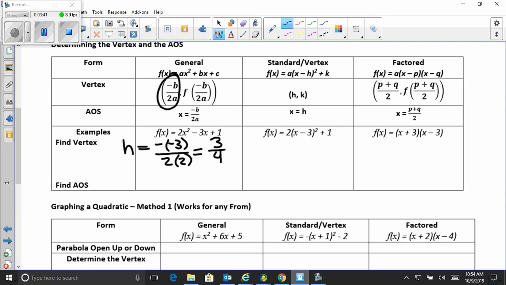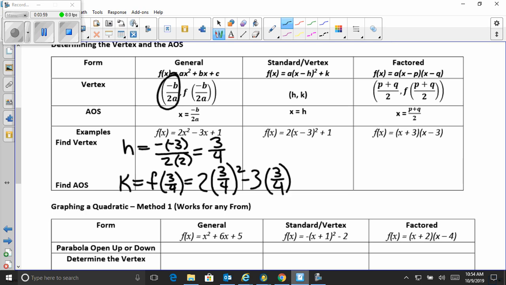Now to find the k, or the y value of the vertex, we would plug that 3/4 into our function. So 2 times (3/4) squared minus 3 times 3/4 plus 1. Now with that fraction, you just put it in your calculator, and you end up getting k is equal to 1/8.